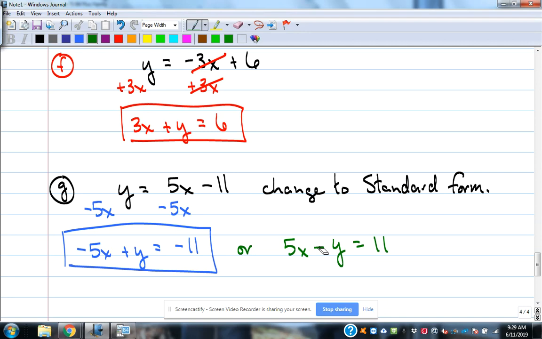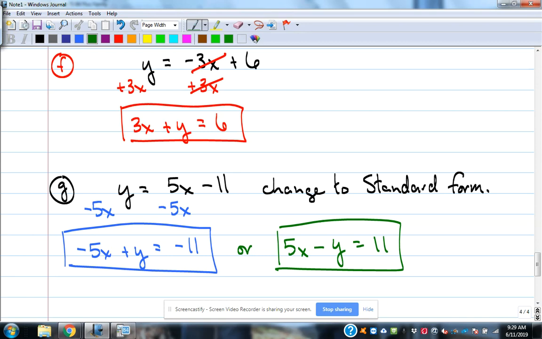Yeah, the signs on just the 5x, or it's everybody's changed signs, isn't it? Instead of a negative 5x, I now got a positive 5x. Instead of a positive y, I've got a negative y. Instead of a negative 11, I've got a positive 11. That makes that also standard form.